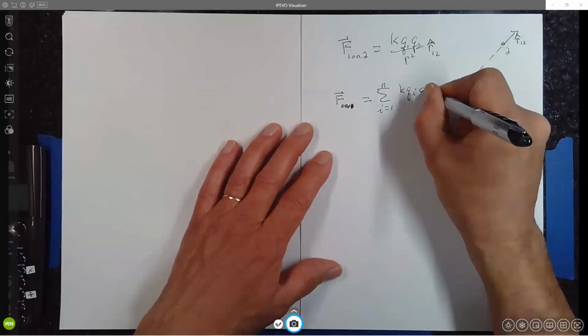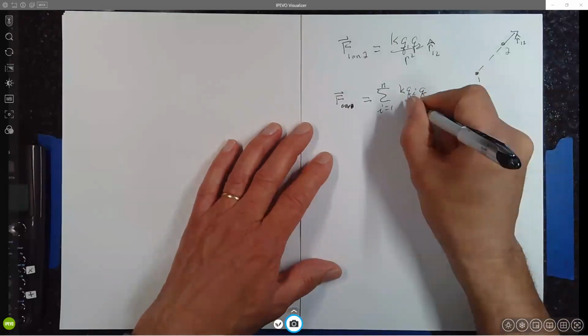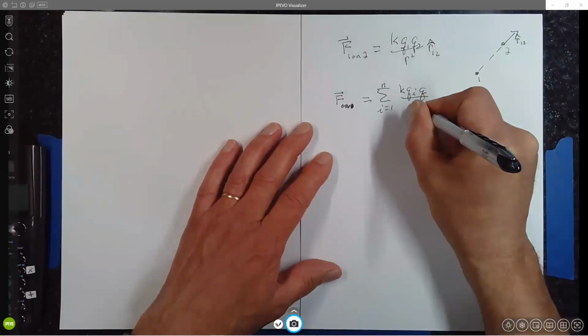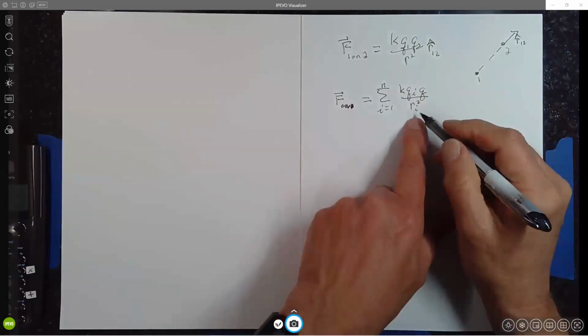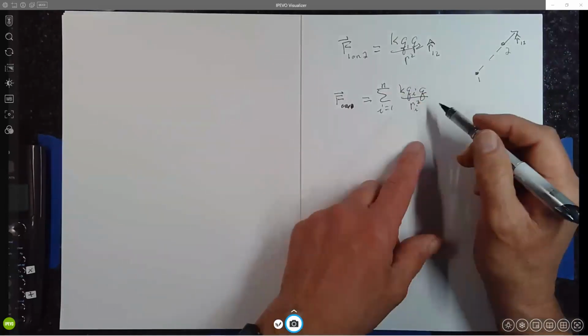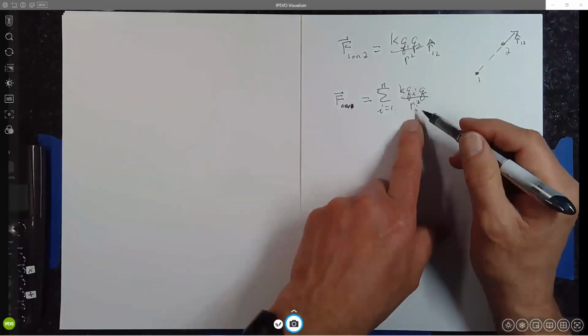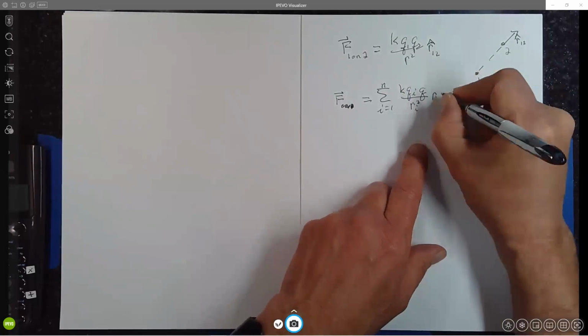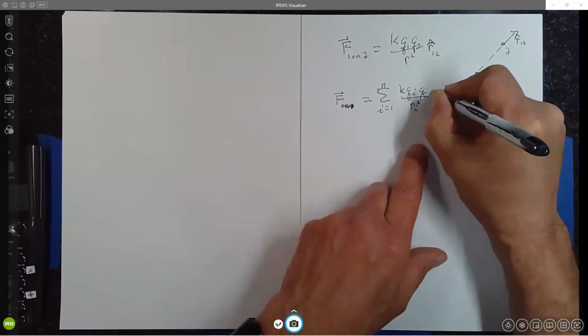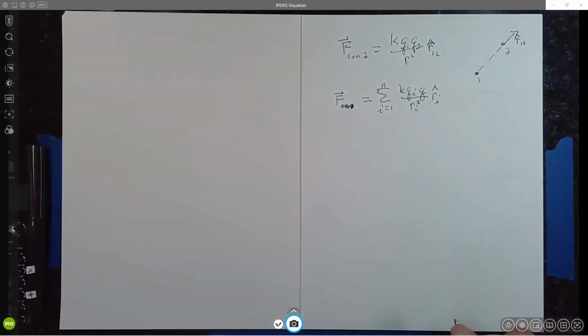And then Q will be that particle, over r sub i squared. And r sub i is going to be the distance. I'll draw a picture to illustrate this. It'll be the distance from the ith particle to particle 2. And then for every one of those things, you'd have to have a different unit vector, r sub i hat. And so that's the way that it's going to look.